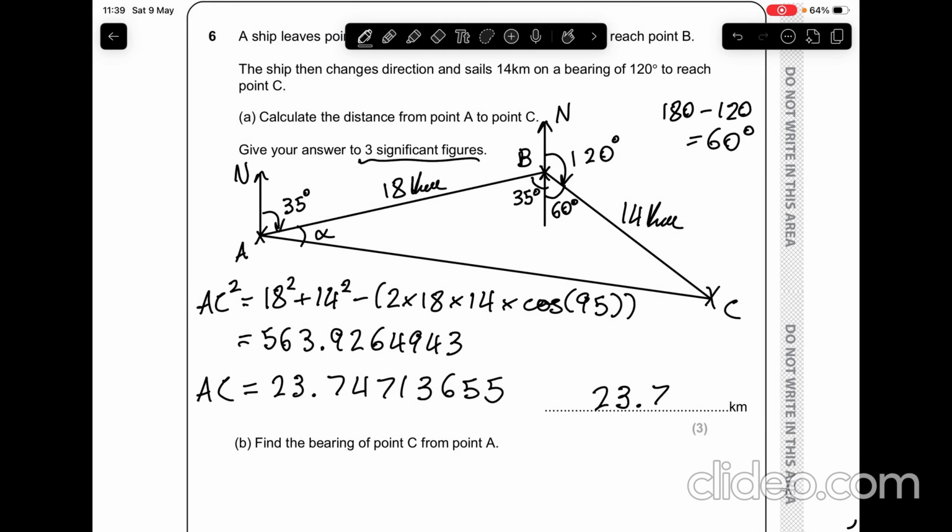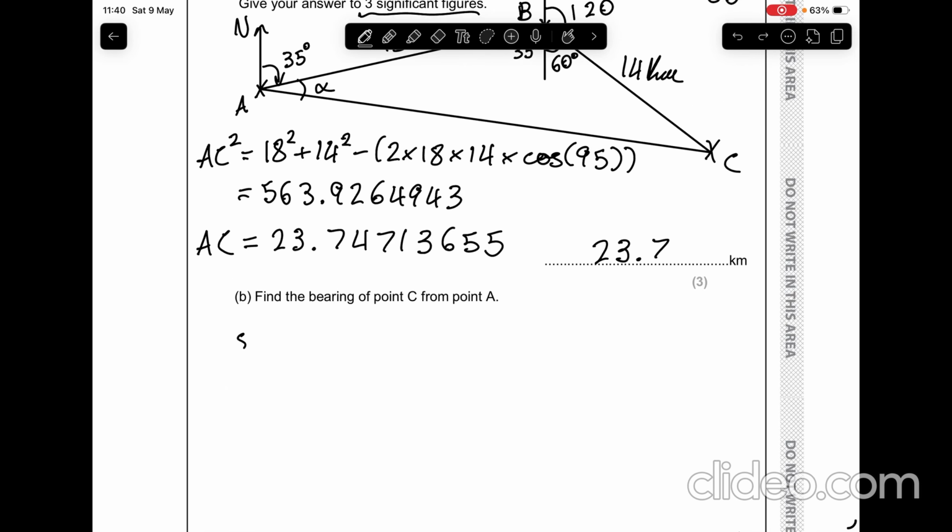Now, you might notice I have a 95 degree angle here, and I've just worked out that AC here is 23.7 kilometres, and I want alpha, and I have the opposing side in the triangle as 14 kilometres. So because I have these two pairs of opposite sides and angles, I can use sine rule.